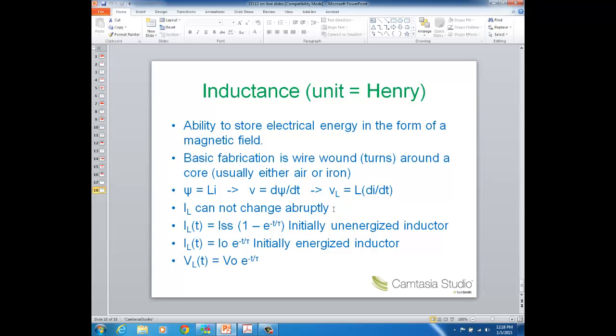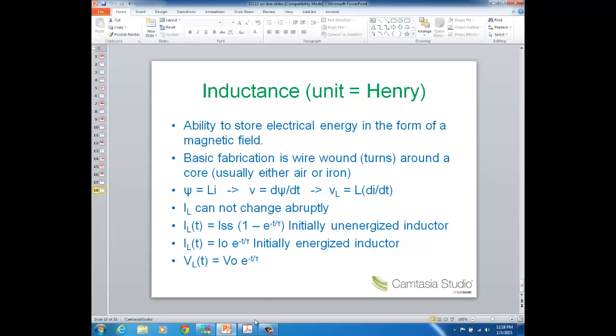So as current increases through an inductor and the magnetic field expands, the induced voltage across the inductor is going to be a polarity such that it opposes that current that created it. So that's a way to reason that it takes time for the current to increase through an inductor, because of what's called back EMF.